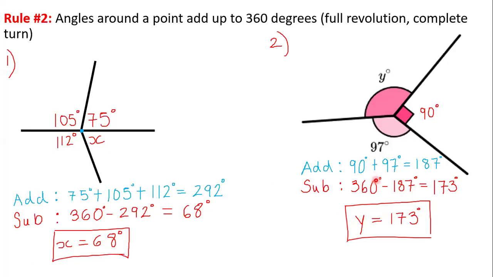You add 90 and 97 together, which gives us 187 degrees. And then you subtract 187 degrees from 360, which gives us 173 degrees. So y equals 173 degrees. Very good.